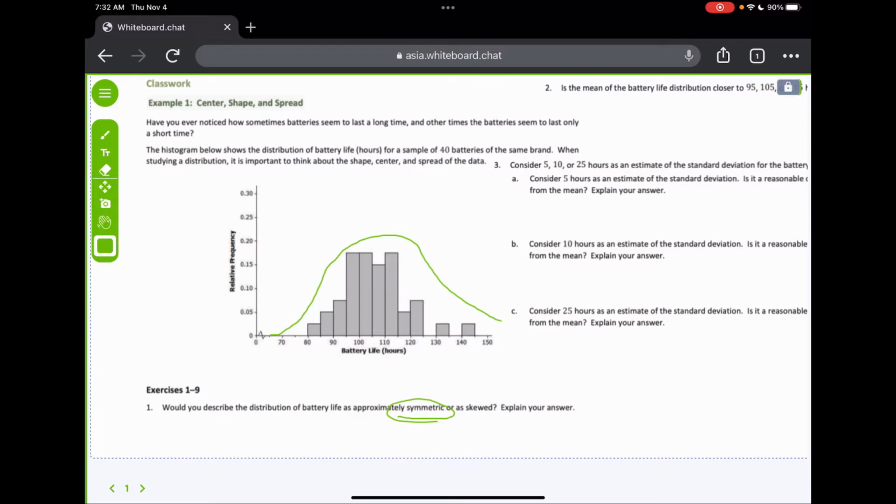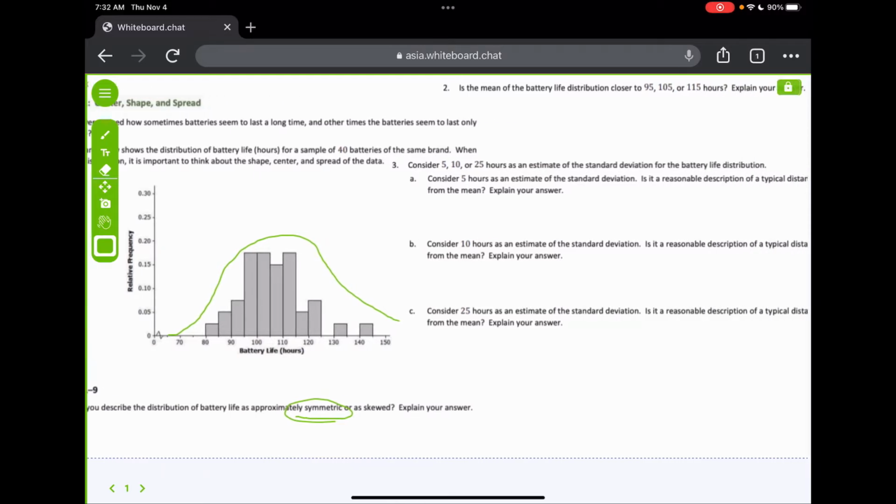Now, it says, is the mean of the battery distribution closer to 95, 105, or 115? Well, if we take a look, the mean is going to be somewhere right in here, pretty close. 95 would be too low and 115 would be too high.